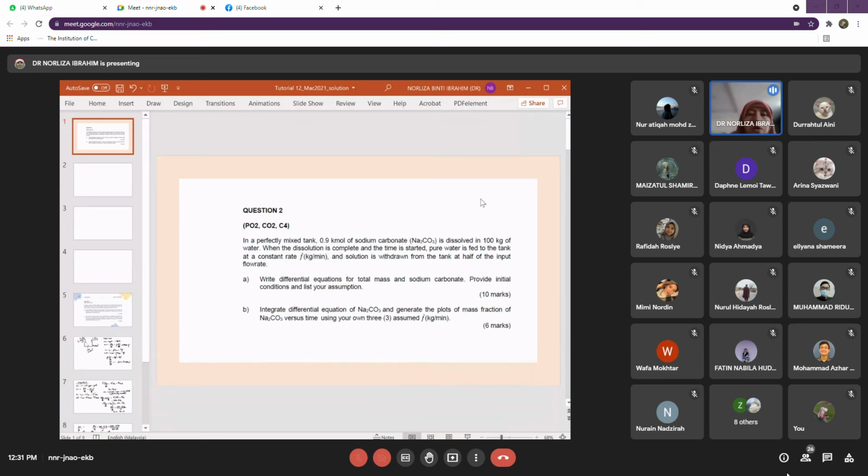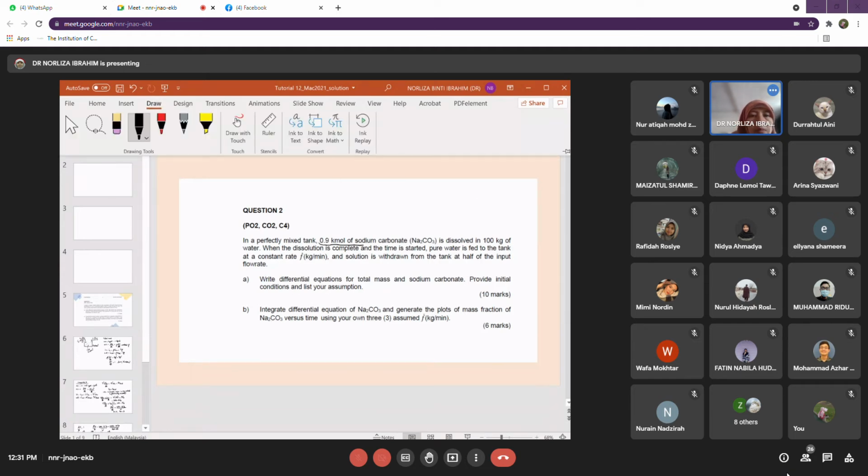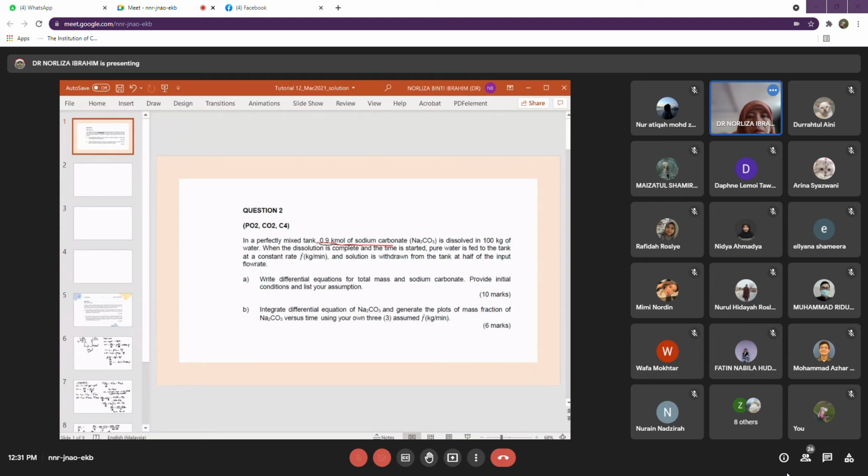Now, it is mentioned here that 0.9 kilomole of sodium bicarbonate is dissolved in 100 kilogram of water. When the dissolution is complete and the time is started, pure water is fed to the tank. So if I can draw a figure, I have pure water here, and I have solution coming out of the tank.